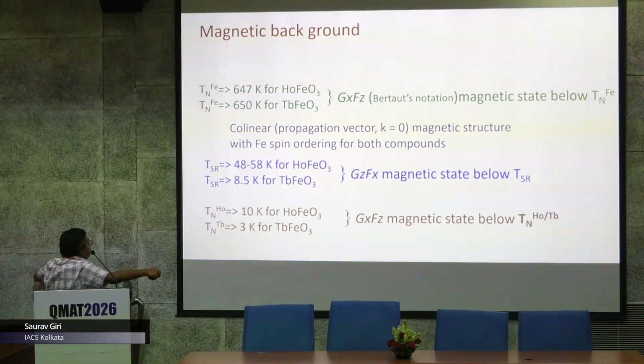Finally, at low temperature there is another ordering, because of the rare earth. The important point is that below the rare earth ordering temperature, the magnetic state is exactly the same as what they observed at high temperature, below the high temperature magnetic ordering.